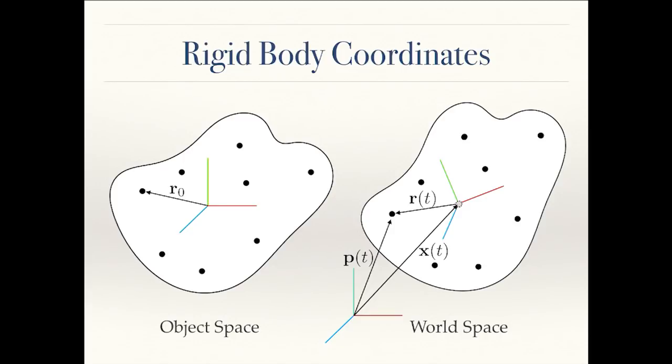With object space, we can describe the position of any point on the body. For example, one is illustrated here at position R0. As this object translates and rotates, it'll move in world space. And that point that's at R0 in object space is going to be at R, which is a function of time, as the body moves around and rotates.